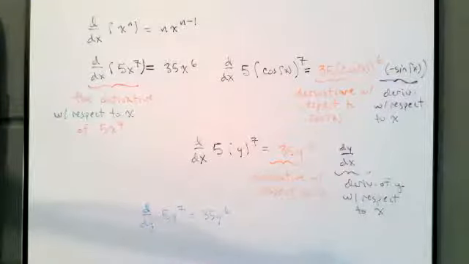So the derivative with respect to y of 5y to the 7th is 35y to the 6th. Done. But if I want the derivative with respect to x of 5y to the 7th, I need to write 35y to the 6th. That's the derivative with respect to y. Then I have to use the chain rule and multiply by the derivative of y with respect to x. That's what the chain rule wants us to do.